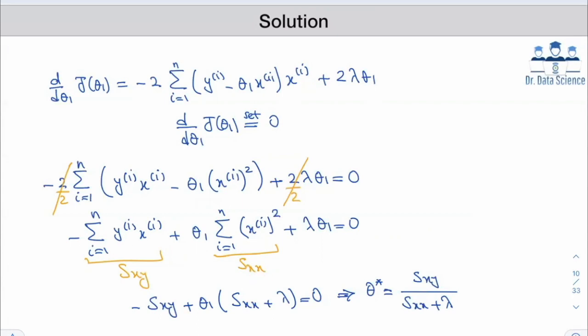And therefore, now we can factor this theta 1 between these two terms, and this S of x and y goes to the other side and becomes positive. And now we can divide both sides by this constant, and this gives us the optimal solution that we are looking for.